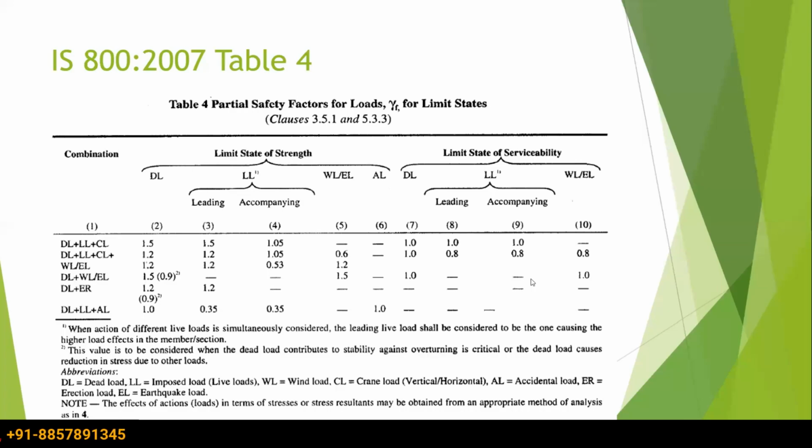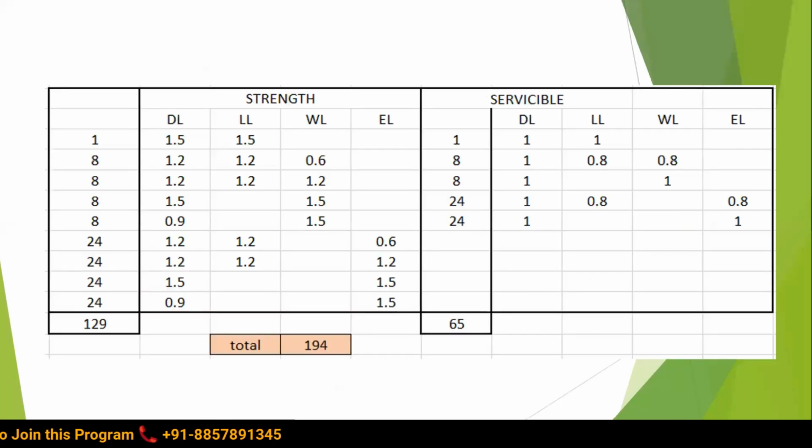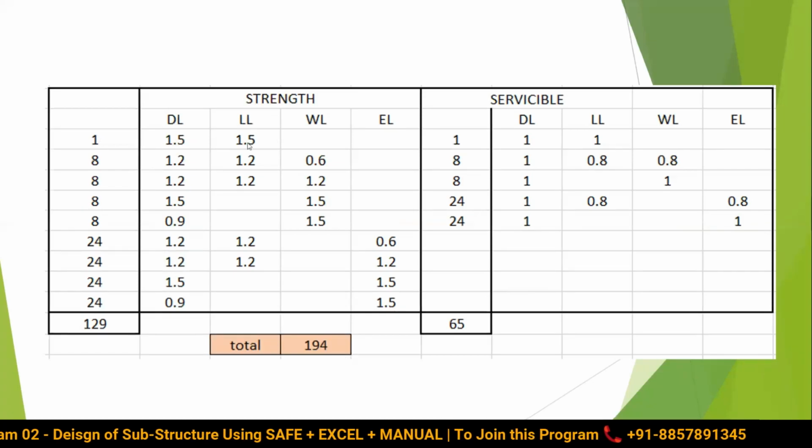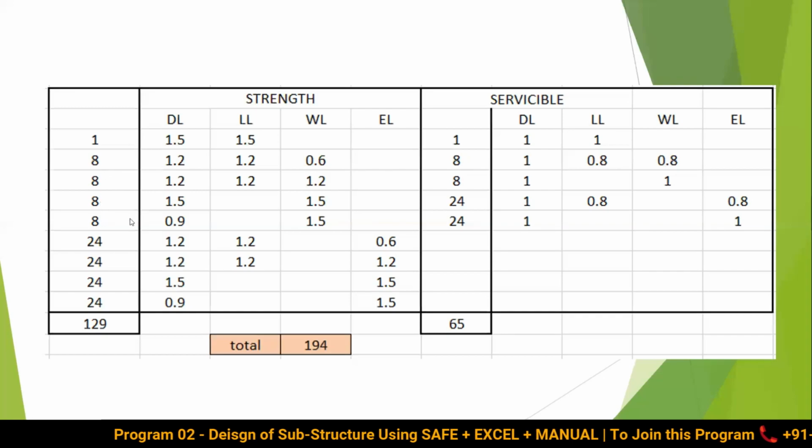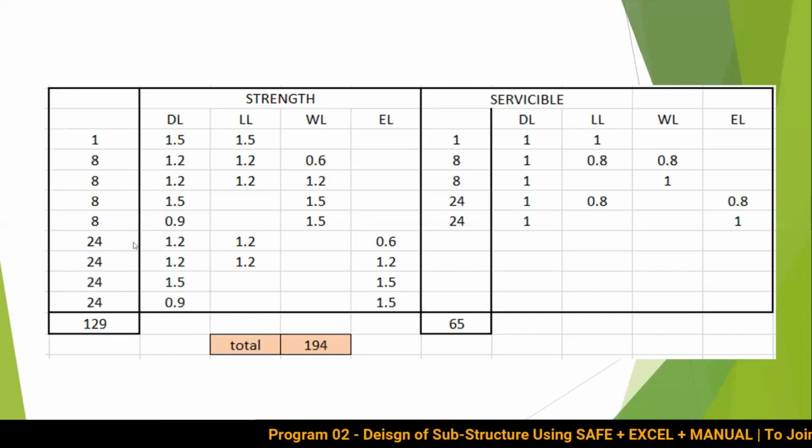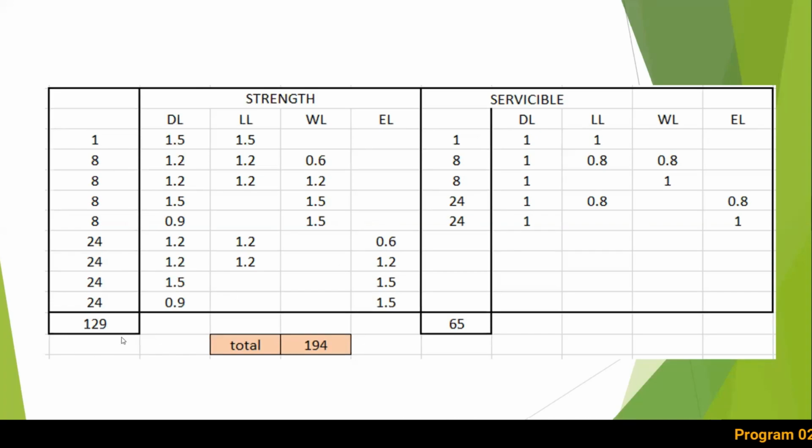So based on this table, we have in total 194 combinations. Like one combination for dead and live, 8 combinations for wind, and 24 combinations for earthquakes. And again, based on separate factors, we have 129 factors for strength criteria and 65 other factors for serviceability criteria.